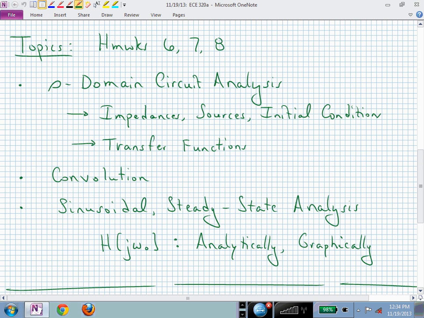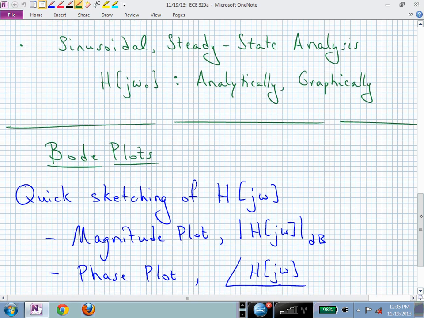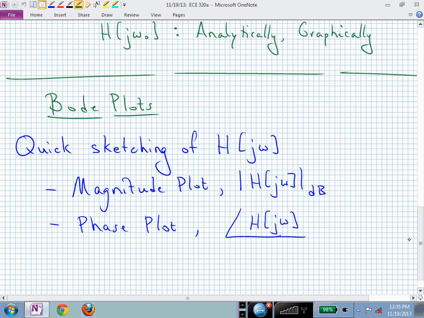Questions on that? You should be able to find H of j omega naught analytically. By that I mean numerically, plugging in j6 or j100. Can you now find H of j omega naught, which is simply a complex number, a magnitude and an angle, and use that to determine sinusoidal steady state? I might ask you something more specific and say, okay, for your pole factor with the pole at -10, what's the angle that it contributes at a frequency of 25 radians per second?